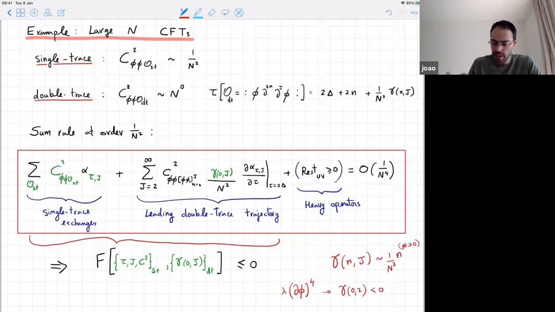But we can actually estimate that the UV contributes the same order positively, just by studying when there is an n star for which, sorry, let me write it. So this is order 1 for some n greater than some n star.